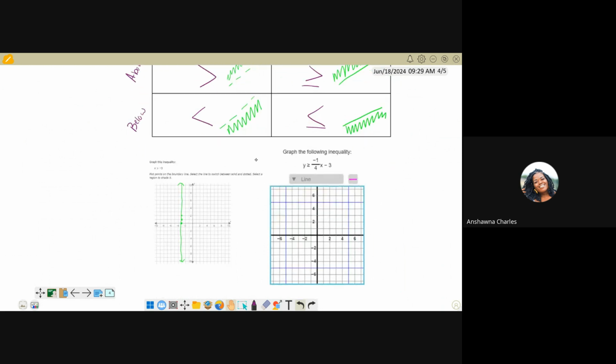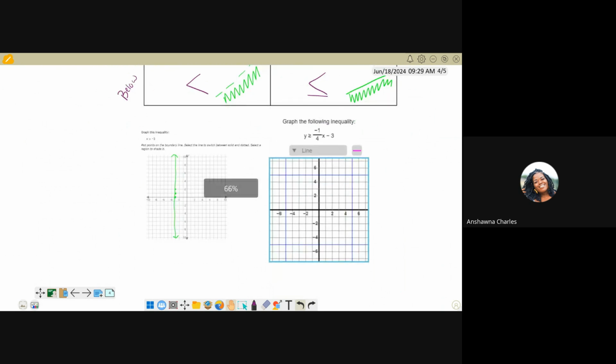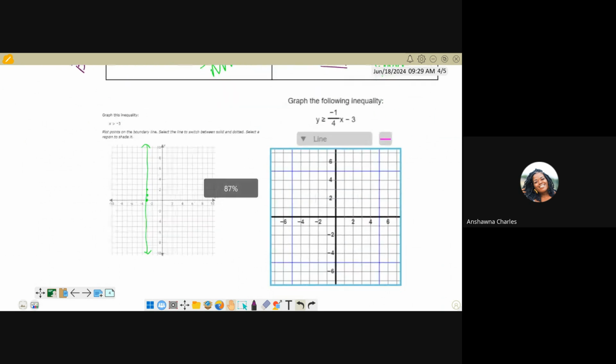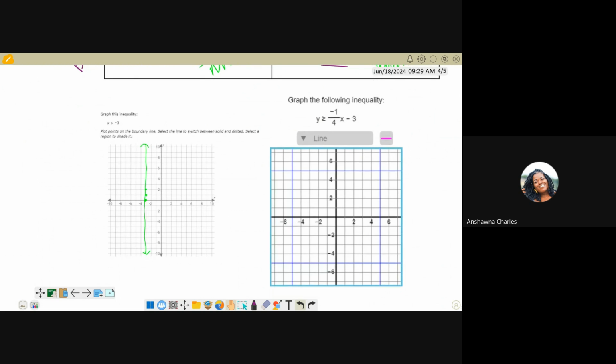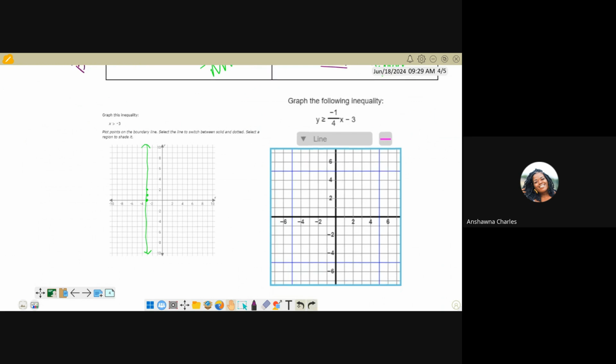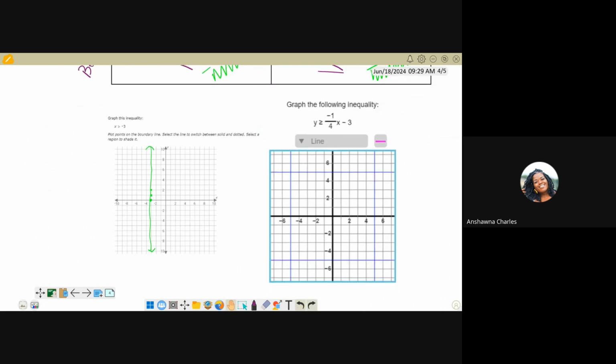So it's supposed to be dashed like that.